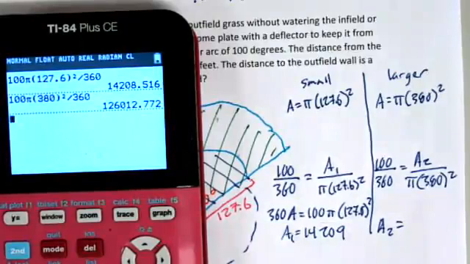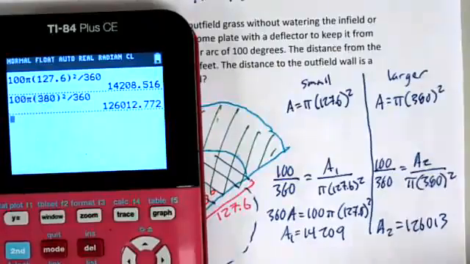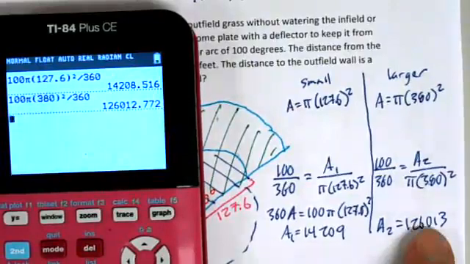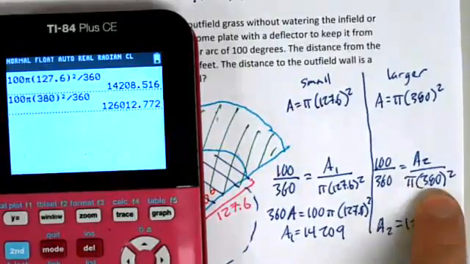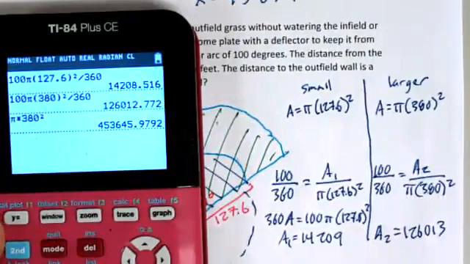Wow, 126,013. And these are square feet. And I think we just subtract those, and we're done. The whole circle would be pi times 380 squared, and that's roughly 900,000.